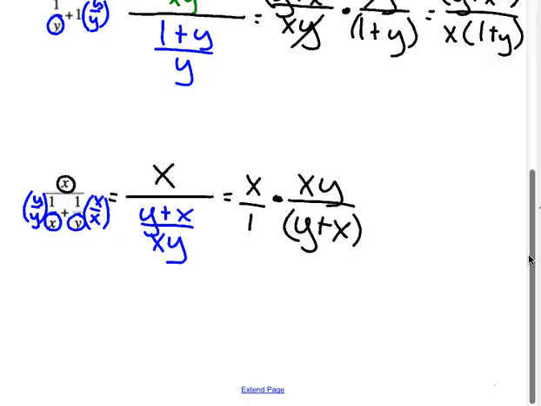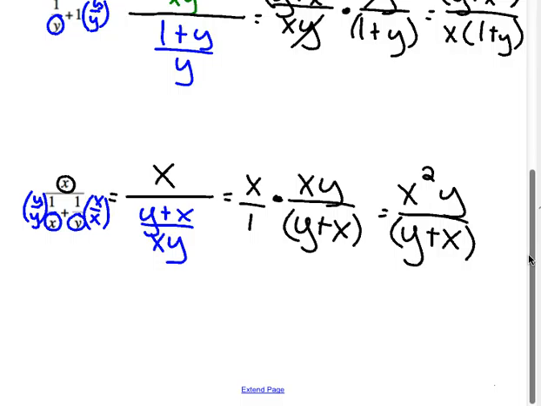Because on top, x times xy gives me x squared y. And then a y plus x still. Obviously, that 1 that I put there didn't actually do anything. It was just cosmetic. So you could see that that first x was multiplying into the numerator.